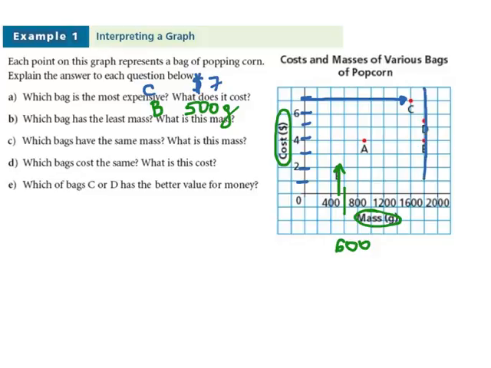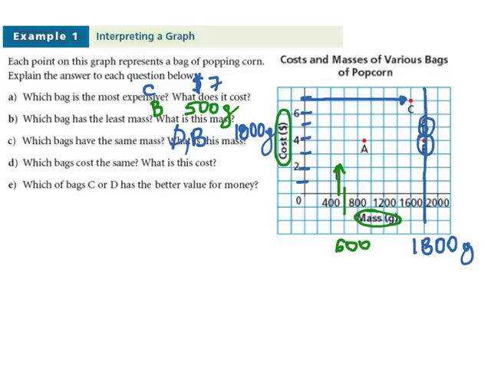These bags are D and E, and the mass they represent is halfway between 1,600 grams and 2,000 grams. So this is D and E. It's at 1,800 grams. Which bag costs the same, and what's its cost?